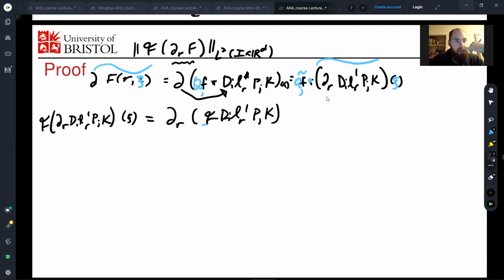Okay. So now I need to compute the derivative of this. Phew. And how do we do that? Well, let's actually push the Fourier transform in first a little bit more.